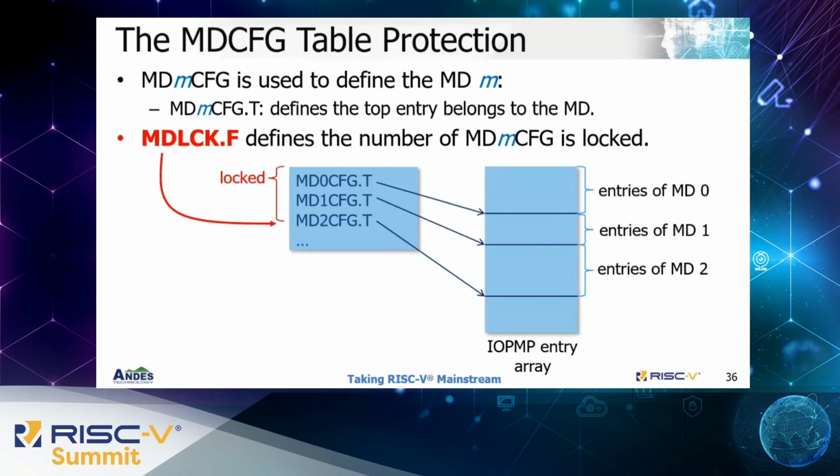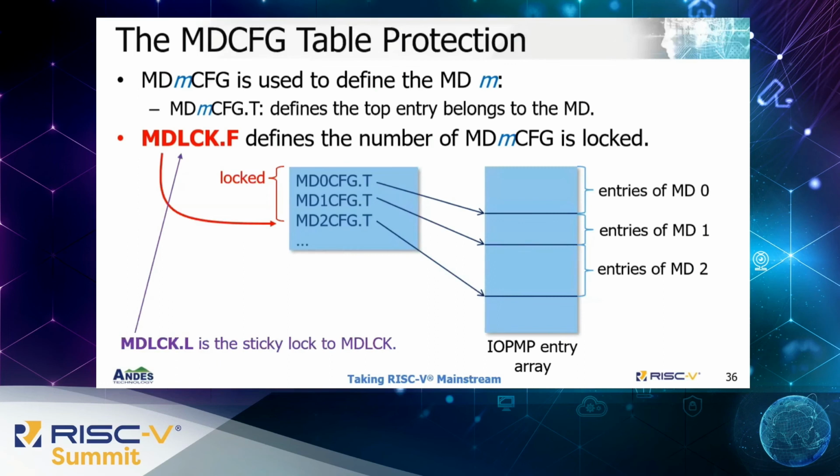Thus, we define mdlck.f as the number of memory domains which lock T fields, and require that the value should not be decreased when written. That is because decreasing the value means unlock, which is not acceptable. Besides, the L bit of mdlck is used to lock this register. mdlck is optional.